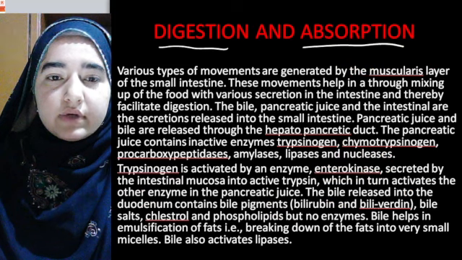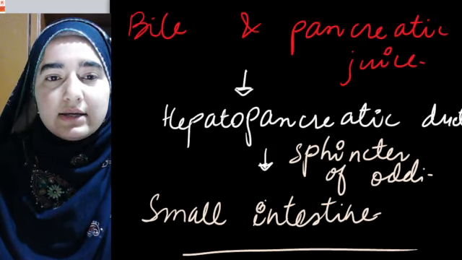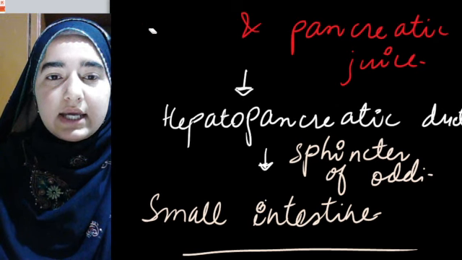Moving forward, as I already mentioned, the pancreas is a mixocrine gland. It is both endocrine and exocrine.